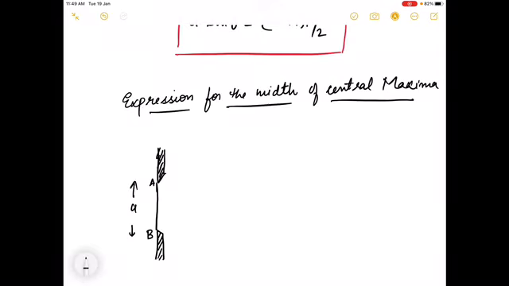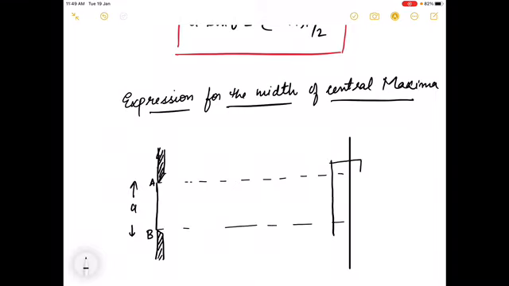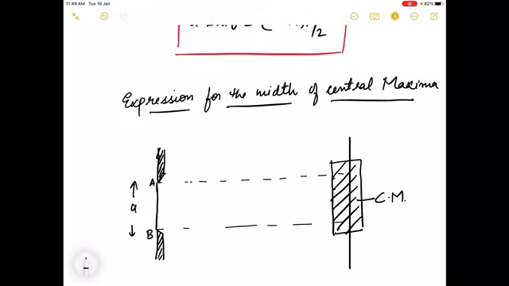If this is the screen, the central maxima will be something like this, and this will be your first secondary minima, and this is again your first secondary minima.